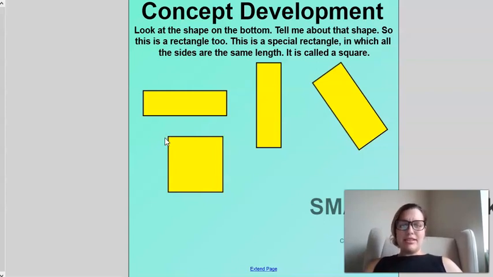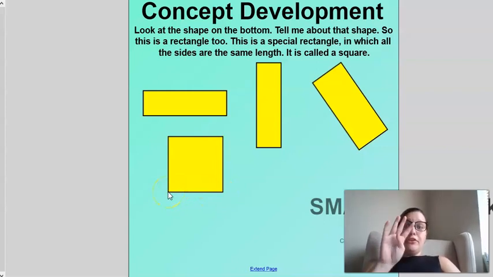Ready? Let's do the points. 1, 2, 3, 4. So we have 4 points, and let's count the sides. 1, 2, 3, 4.